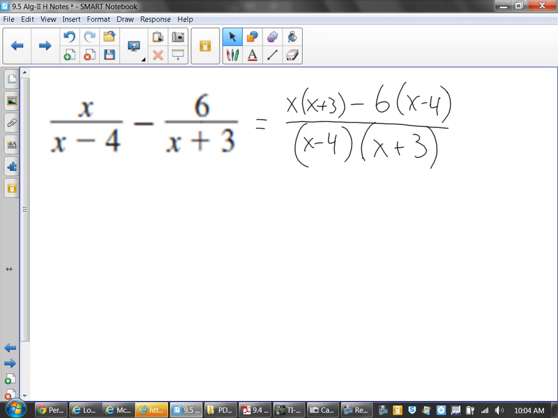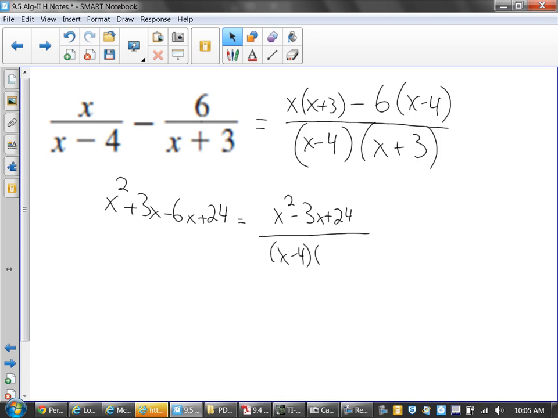What is your last step to do then? FOIL, distribute what you need, and combine all your like terms on your numerator, and just rewrite your denominator the way it is. x squared plus 3x minus 6x plus 24 gives us x squared minus 3x plus 24 all over x minus 4, x plus 3.